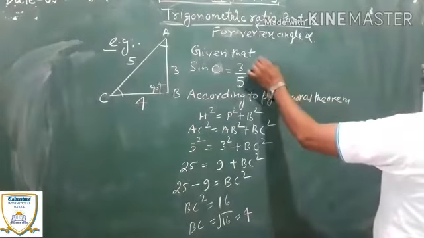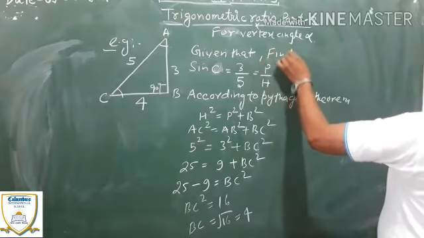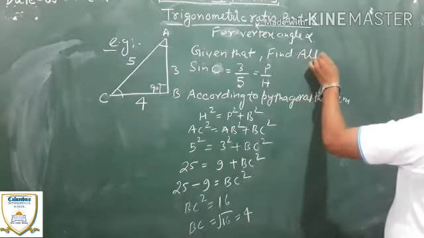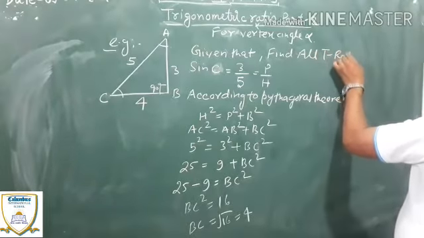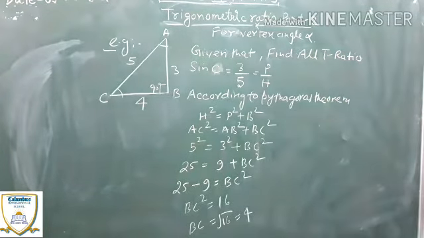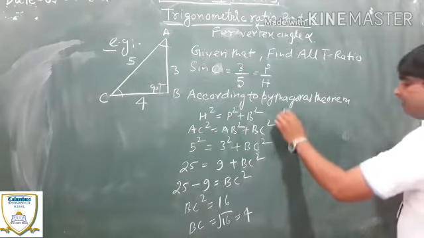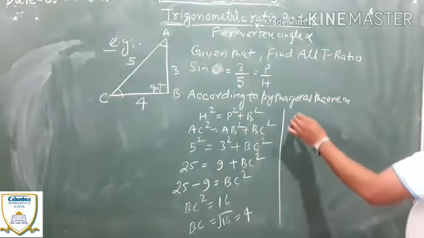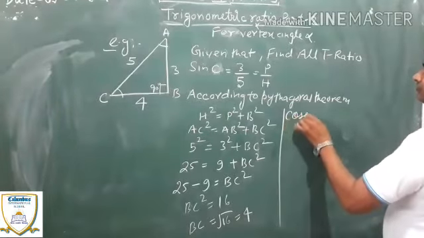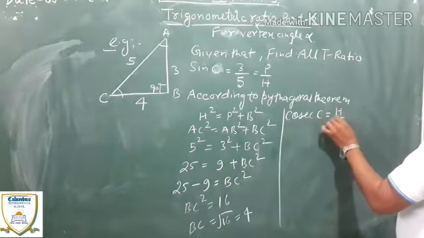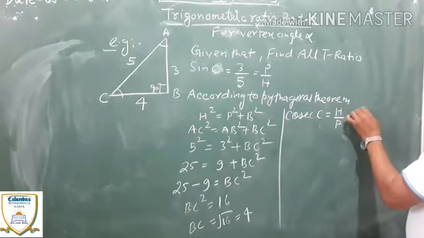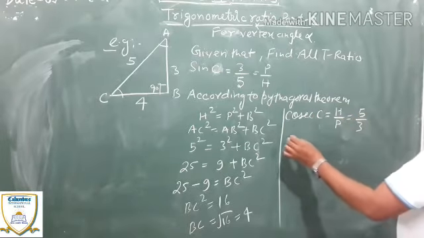Find all T ratios. Student, if you want to find cosec C, it is equal to H by P. This is just the reciprocal.